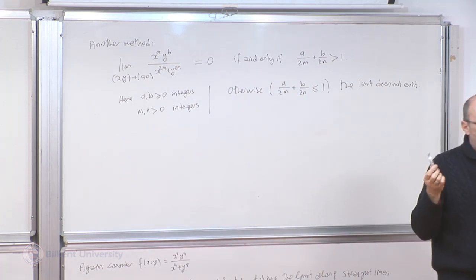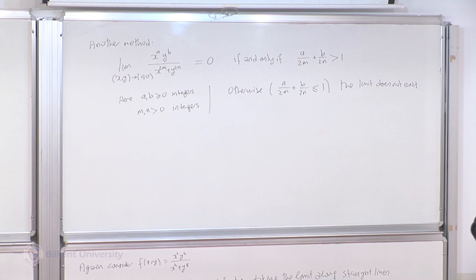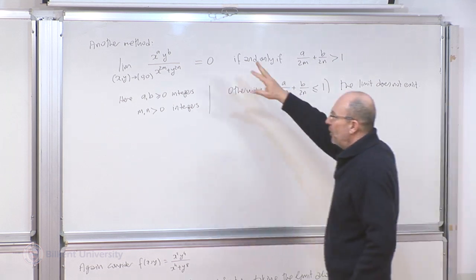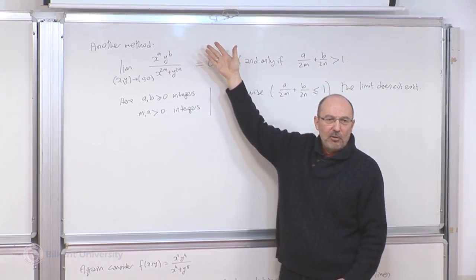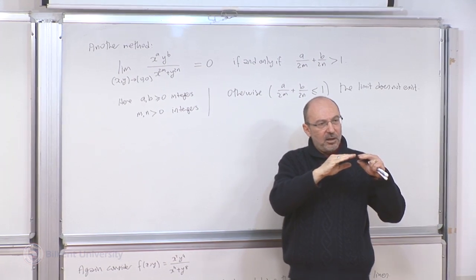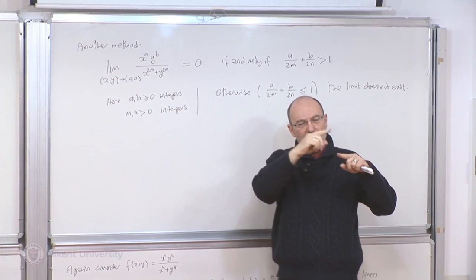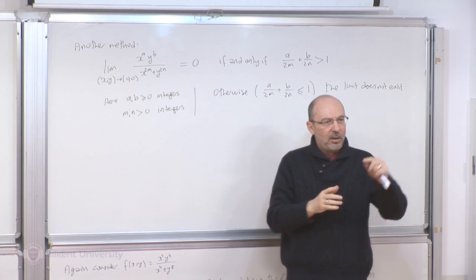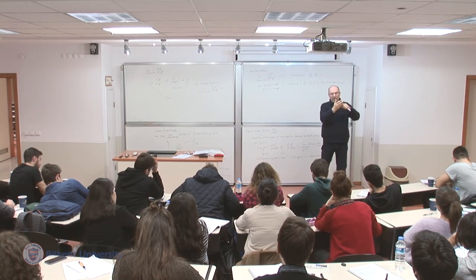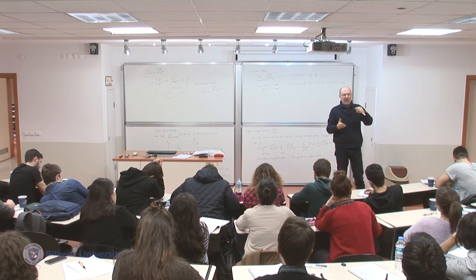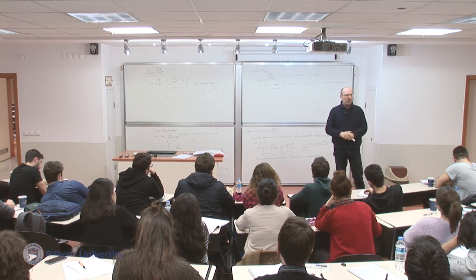So how do you suspect that something like this will hold? Here you see this is a typical L'Hopital case, but in L'Hopital we are looking at graphs of one-variable functions. So there are two paths: one of them is the numerator, one of them is the denominator. They are fighting. They are both going to 0.